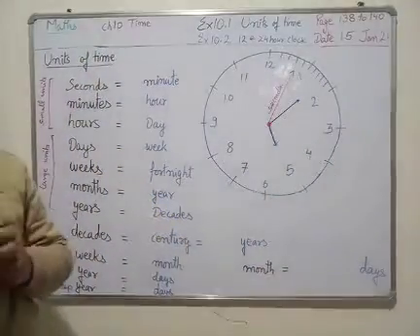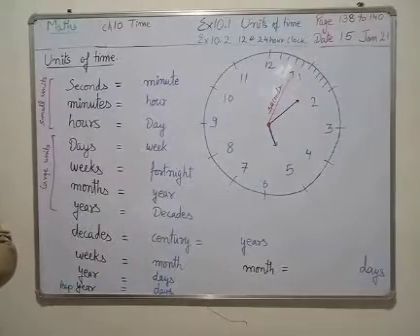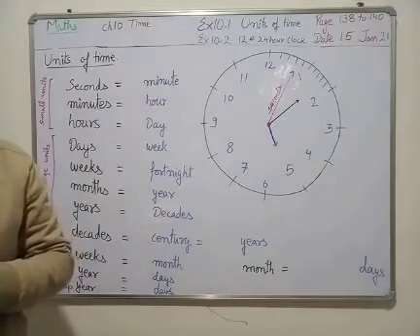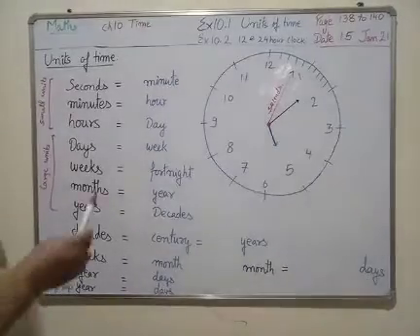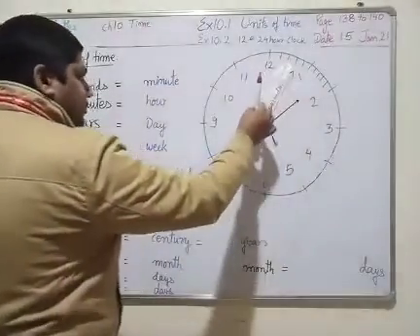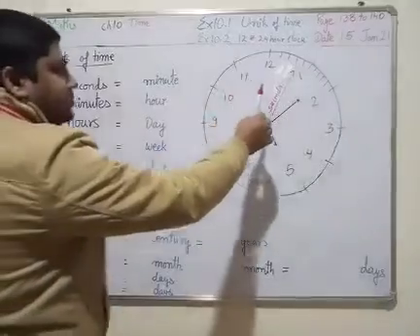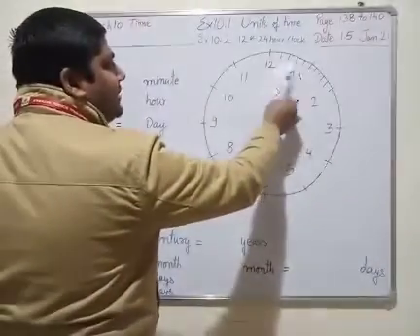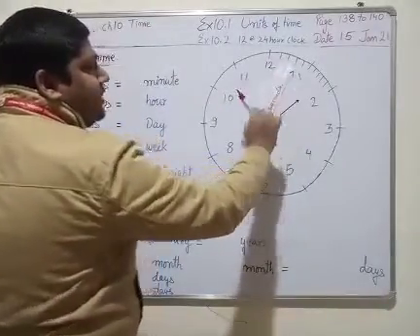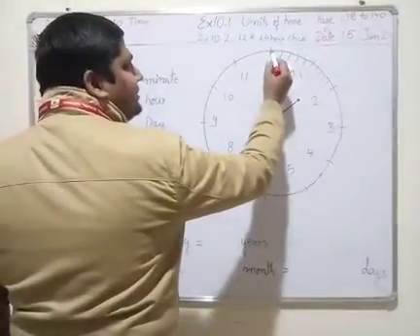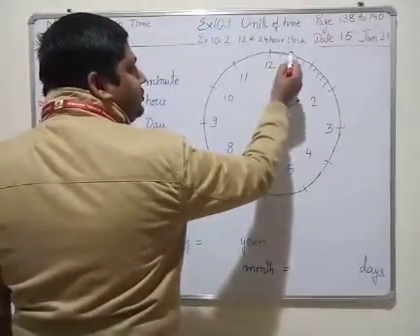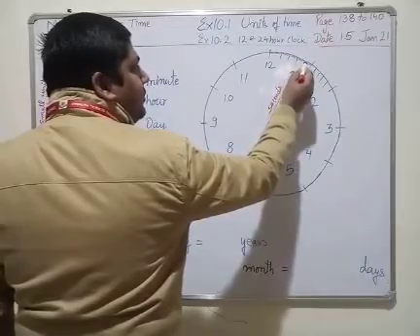Right? Similarly, for the small divisions, there are 5 small divisions between two big divisions. You can see there are two big divisions, 12 and 1 is a bigger division. So here we have 5 divisions: 1, 2, 3, 4 and 5.